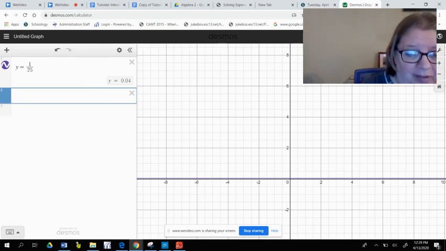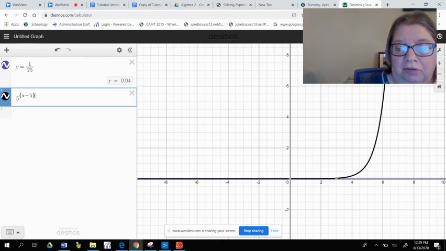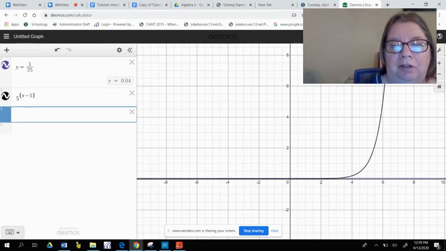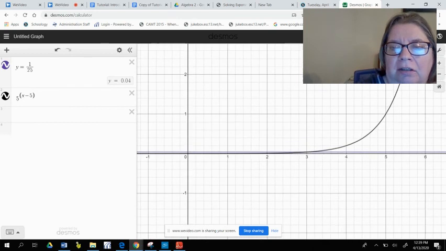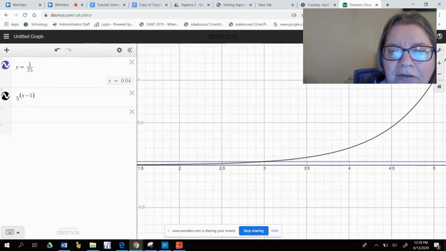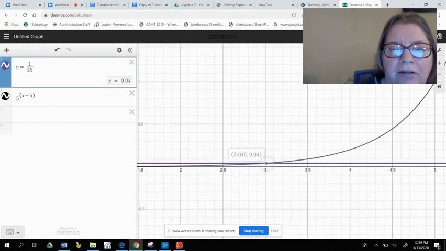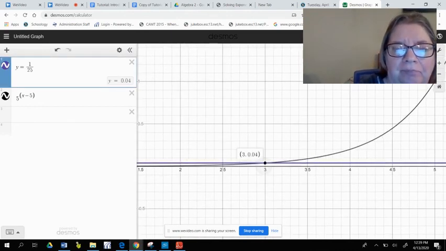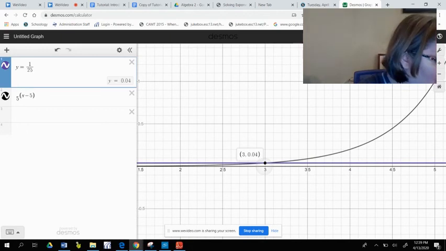Number 2 is 5 to the power of x minus 5. This other one, 5 to the power of, open parentheses, x minus 5, close parentheses, enter. We want to know where they intersect. That one's a little hard to see. Just zoom it out like that. You can see right there where they intersect. It's about 3. There it is. 3.04.